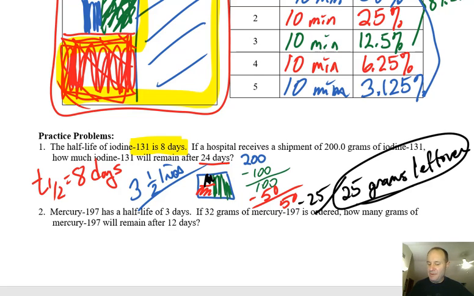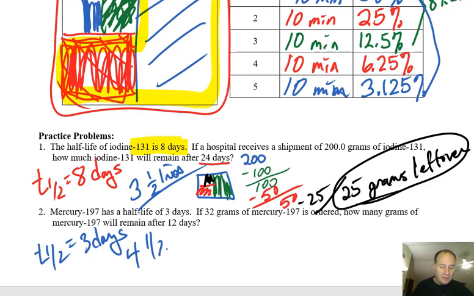It's just how many half-lives we're talking about. In the last one, the half-life is 3 days. How many grams of mercury 197 will remain after 12 days? 12 divided by 3 tells me I need 4 half-lives. So it's going to go through 4 cycles.